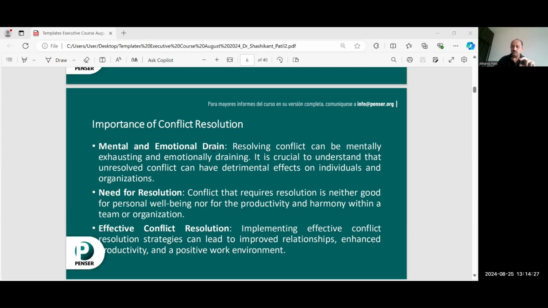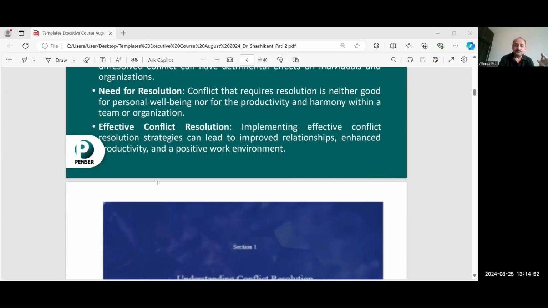There will be no scope for toxic work culture or a toxic environment, there will be less pressure, and flawless communication will be there. That is the essence of conflict resolution and wise conflict management. If you wisely manage conflict resolution, definitely there won't be scope for toxic negativity.